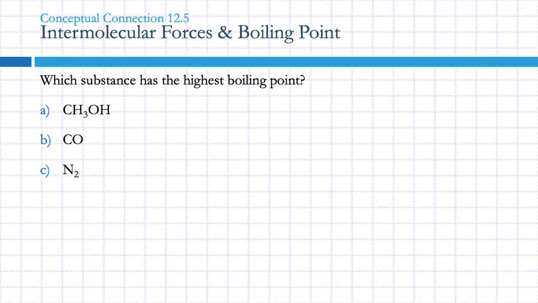This one by itself can't have ion dipole forces, can it? Because that requires an ionic compound and a polar compound. So here we're looking for dispersion forces, dipole-dipole forces, or hydrogen bonding. If we're looking for highest boiling point, are we looking for strongest or weakest forces? The strongest.